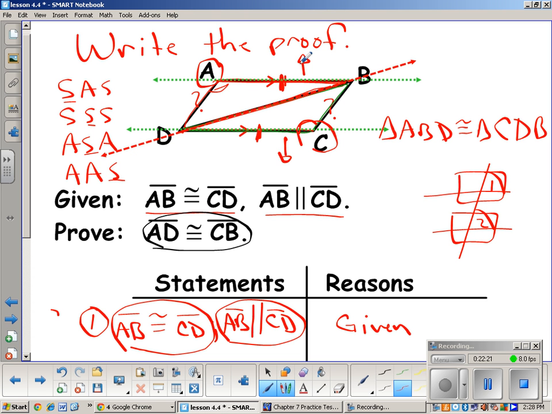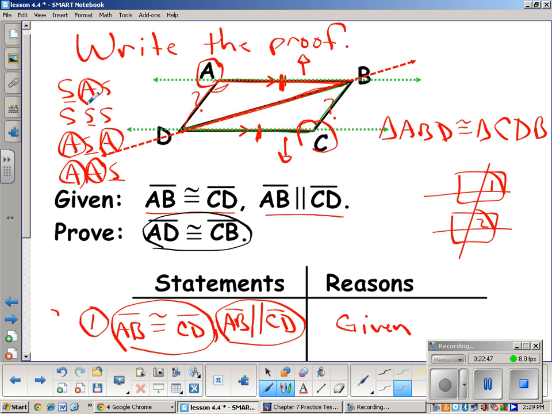Can someone remind me what same side interior angles says? What's special about them? They're on the same side of the transversal. They're inside, but what's special about them? Yeah, they add up to 180. Well, do any of these statements here talk about angles adding up to 180? No. What do they talk about?